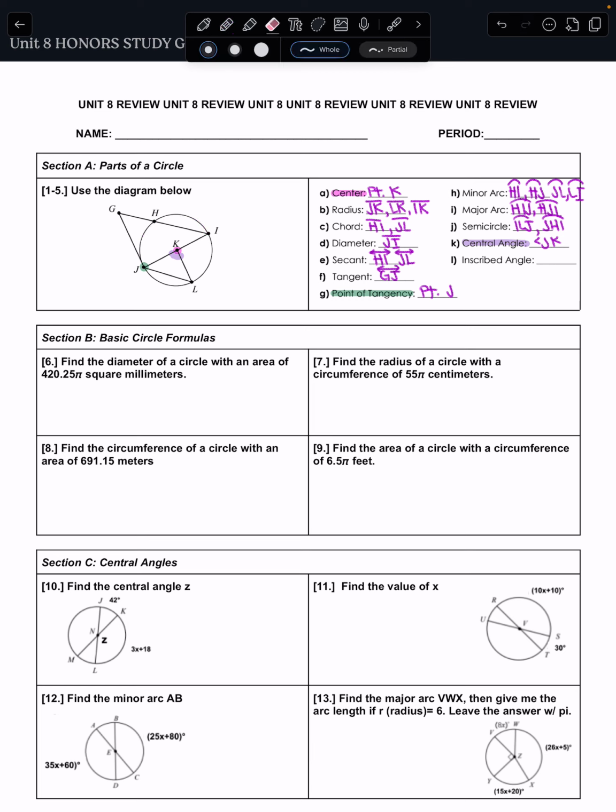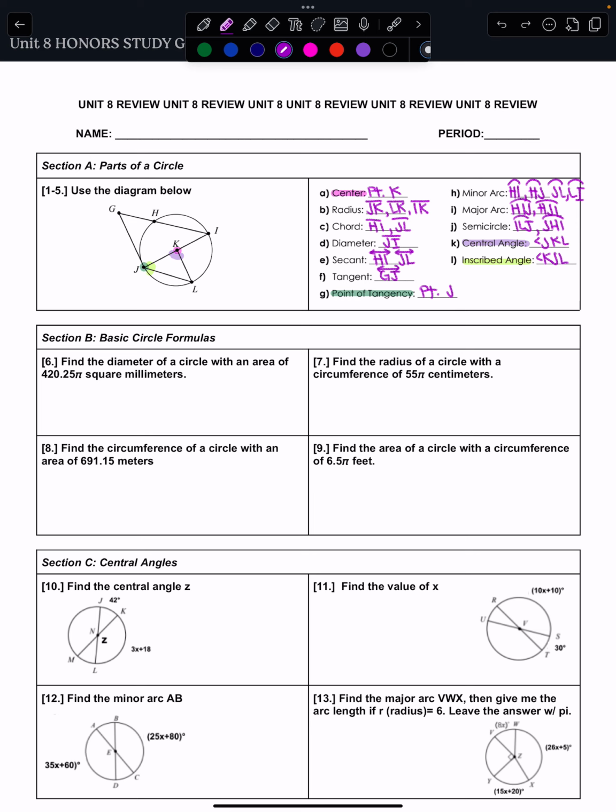And then our last vocabulary term, and again, do not confuse this with central angles, is inscribed angles. If you have trouble remembering it, remember: for a central angle, you use the center for the vertex, and for an inscribed angle, the vertex is on the circle. So here, I have an inscribed angle at angle KJL, so KJL.